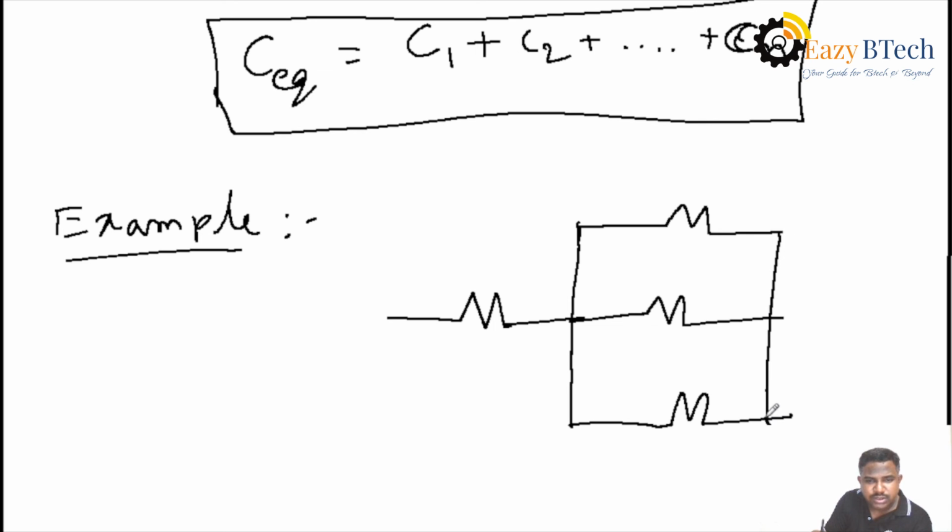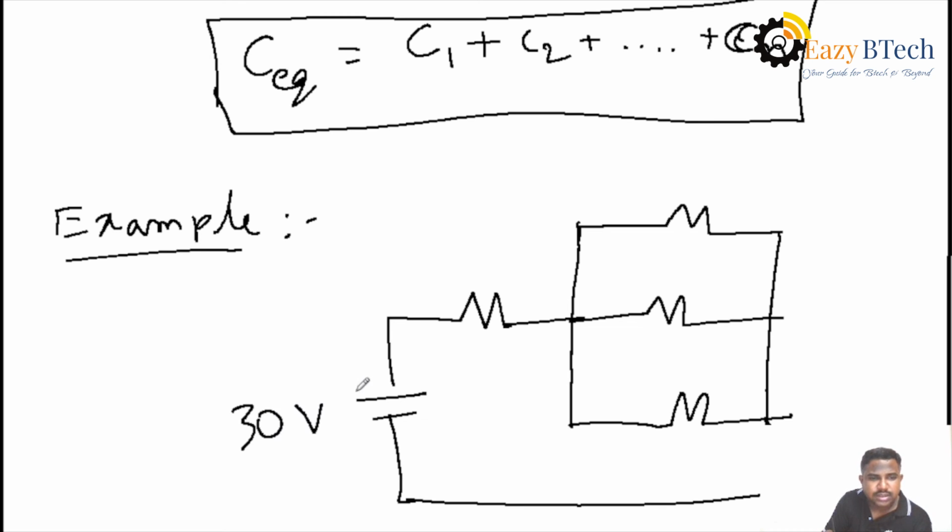Three elements are joined here, then the total circuit is connected to a source. That source value is taken as 30 volts. Then the first resistance value is 5 ohms, and the others are 4 ohms, 2 ohms, and 4 ohms.